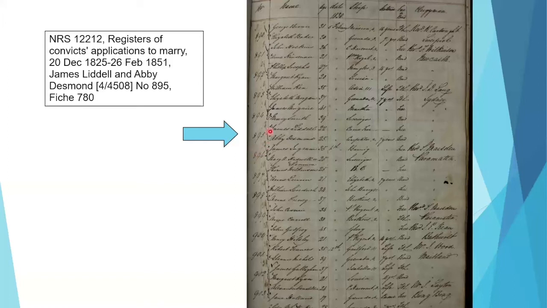Not in our example, of course, so he just says came free, but sometimes you will see came free and the name of the ship, and sometimes it's helpful because it can clarify that someone was born here or born overseas. So Abby's there, 25 on the Competitor too. She's bond, he's free, and then the clergyman in this case was John Dunmore Lang of Sydney.